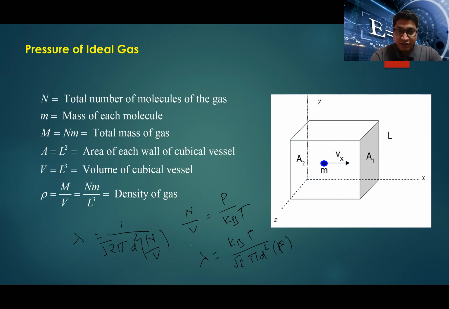So this equation tells us that when we reduce the pressure, the mean free path will increase. And we know mean free path is nothing but the path between two successive collisions.